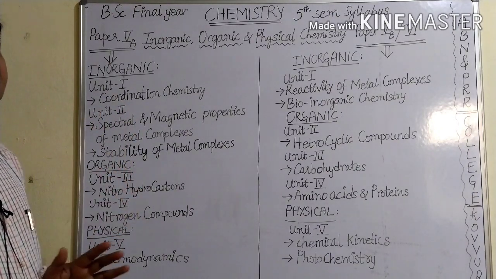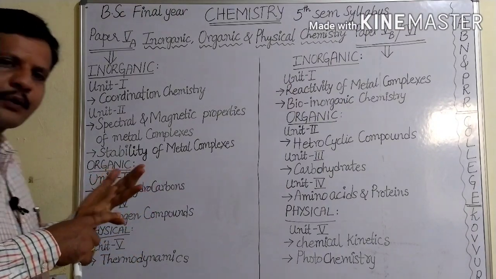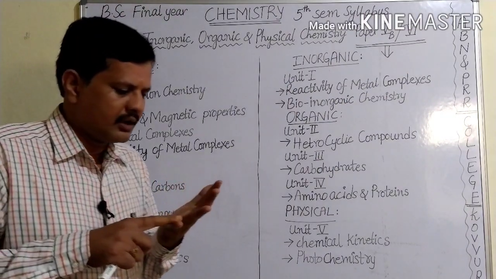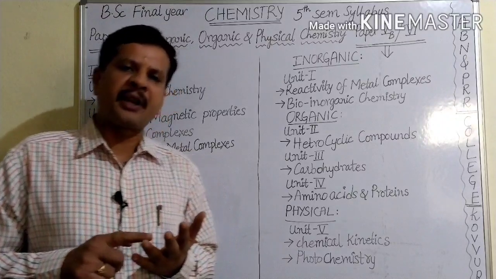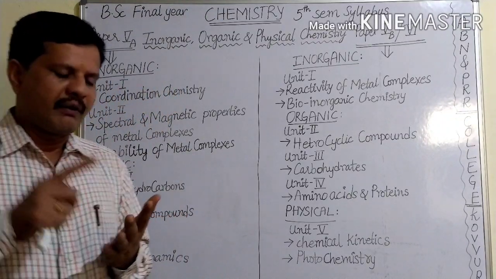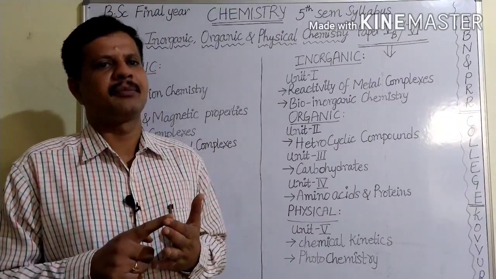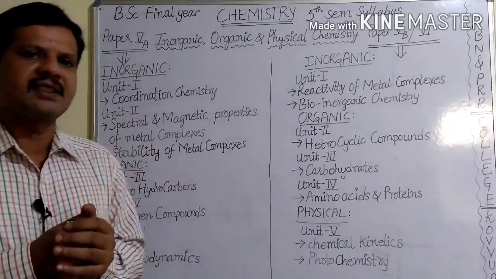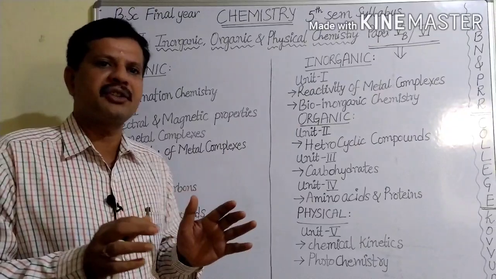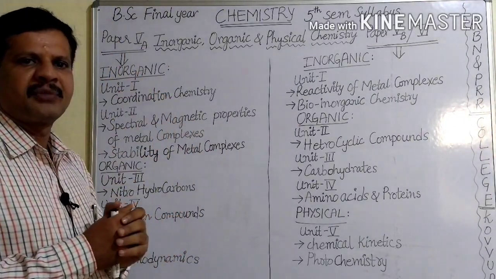There are 4 theories: Werner's theory of coordination compounds, Sidgwick electronic interpretation theory, valence bond theory and crystal field theory. These 4 theories explain the formation of complexes.